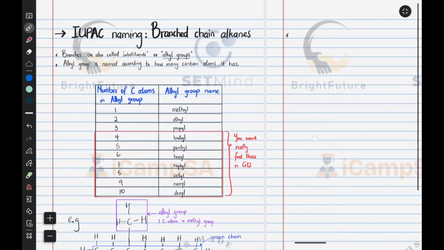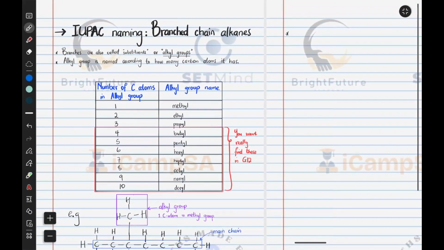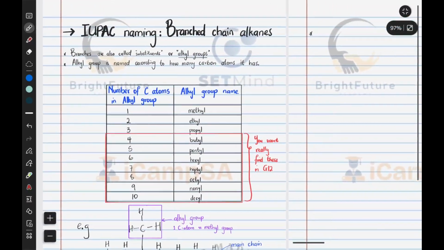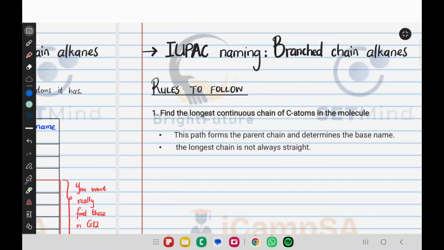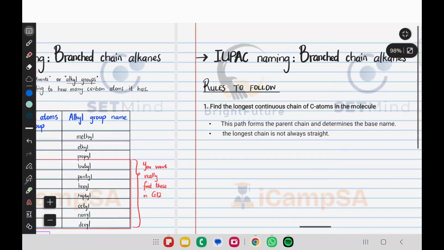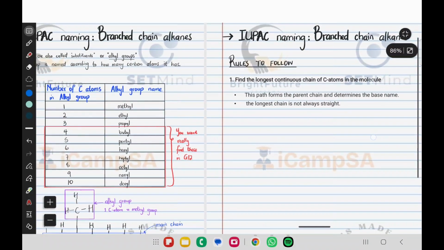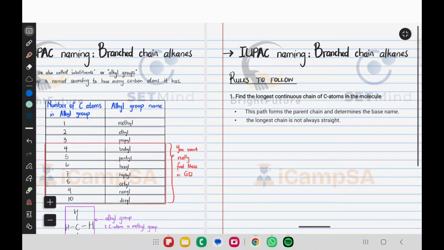So now let's lay out the rules and start naming these branched chain alkanes. Okay, so we are officially starting with the rules on how to name these branched chain alkanes, right? So the first rule that we follow is, firstly, we must find the longest continuous chain of carbon atoms in the molecule. So there are about 6, if not 7 of these rules.